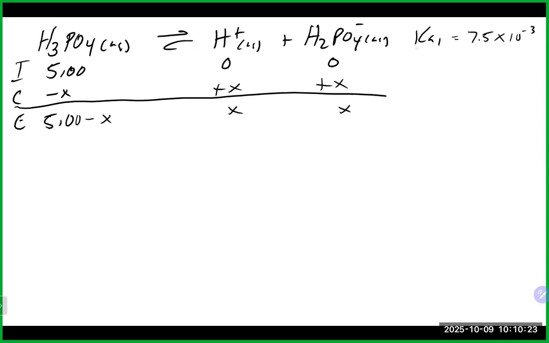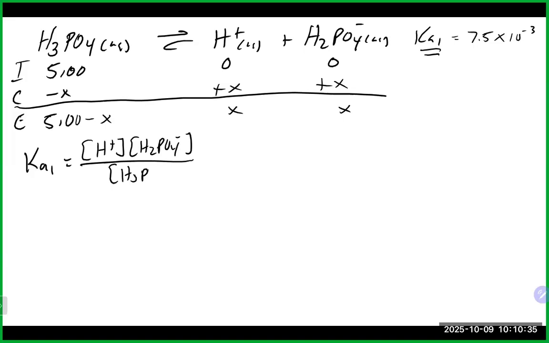This would go into our Ka1 expression, which again is just like any other equilibrium, our products divided by our reactants. And in this case, our Ka1 value is 7.5 times 10 to the -3. Putting in our values here to solve for x gives us x squared divided by 5 minus x equals 7.5 times 10 to the -3.